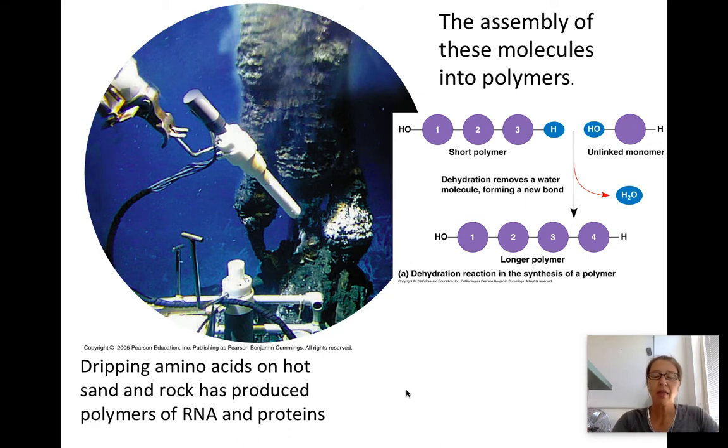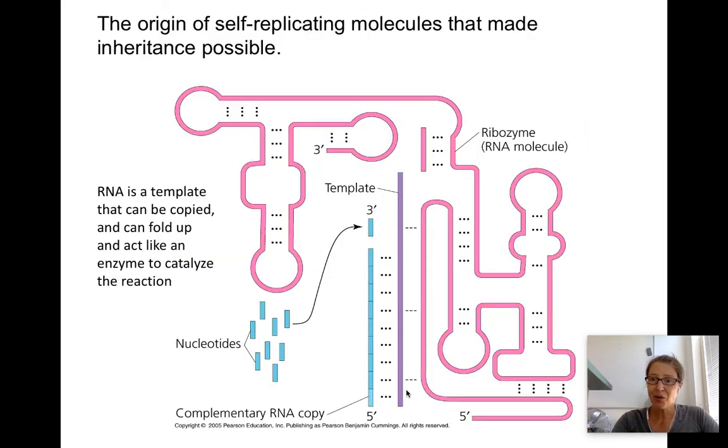Okay. And then once that's done, how could we actually get them to self-replicate? Well, it's pretty widely believed that the very first self-replicating molecules were RNA, because RNA has two characteristics that are very important. RNA is a template, like DNA, and you can copy that template with complementary base pairing.